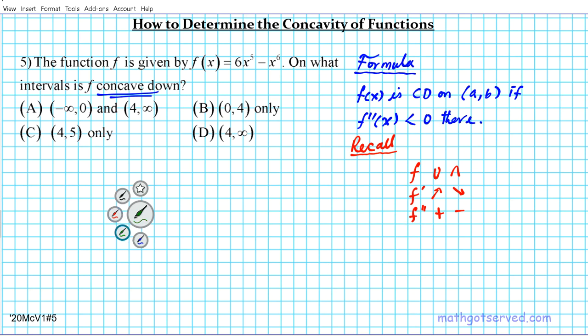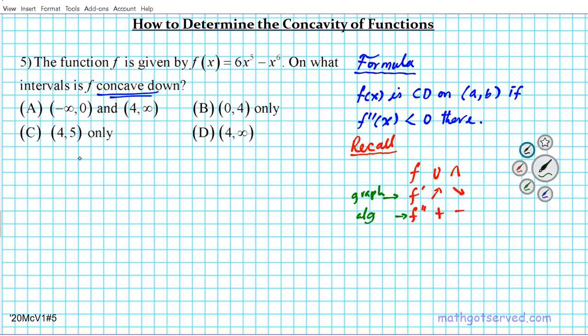Alrighty, so remember this one is use f double prime algebraically, and then use f prime graphically when you are finding the concavity. F double prime, you can use algebra or graph, it doesn't really matter, but this is faster for algebra, okay?